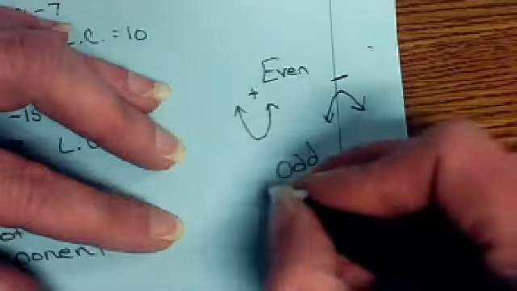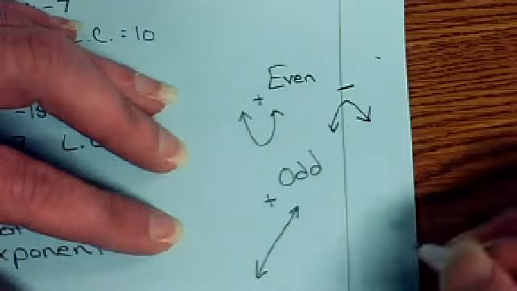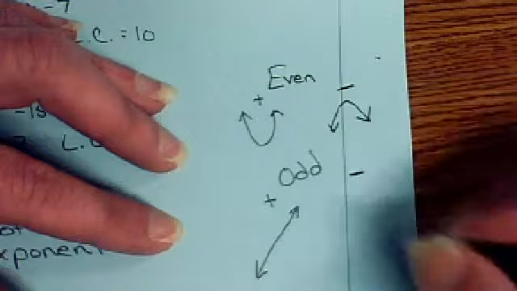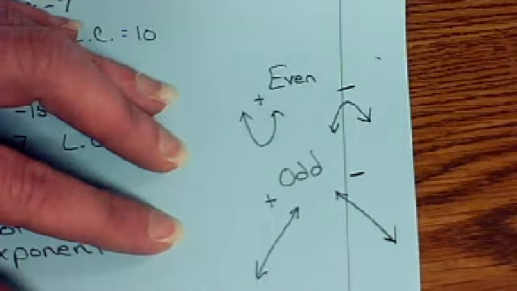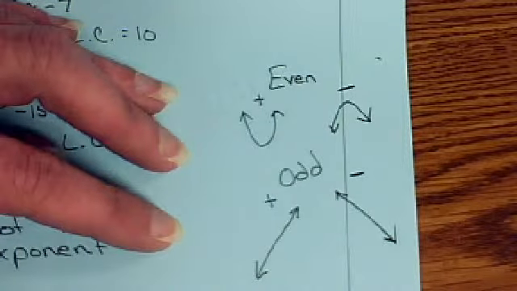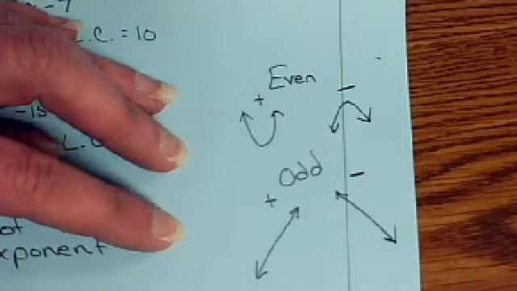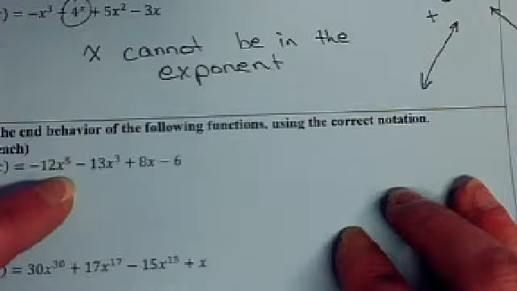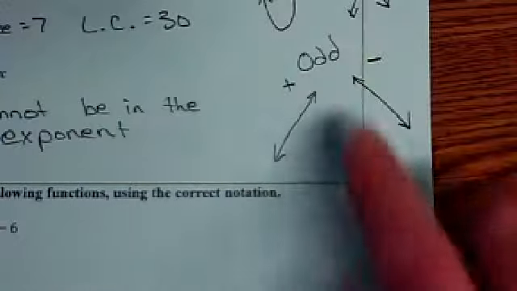Linear function with a positive slope: let's start at the bottom and go up. A negative slope: let's start at the top and go down. So all we have to do is look at: is our degree even or odd, and is our leading coefficient positive or negative? So in this one, I'm odd for the degree and negative for the coefficient. That means I'm going to start up there and go down.